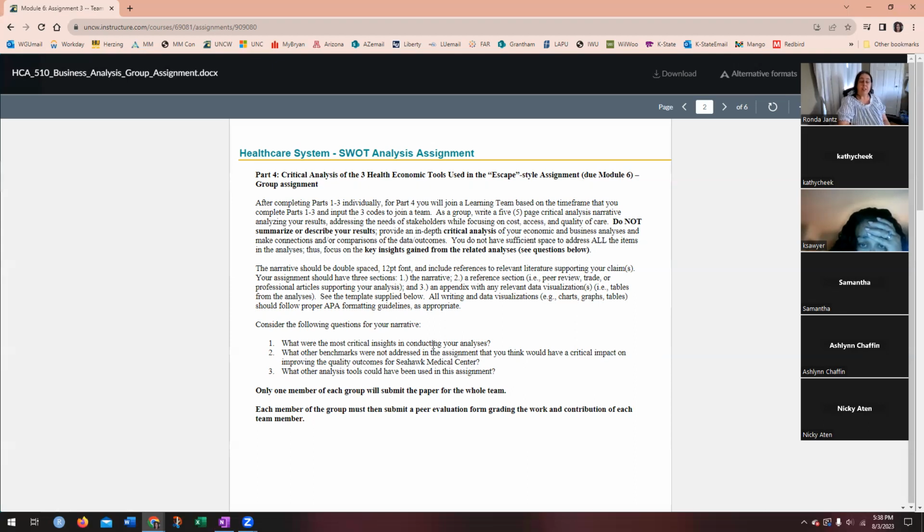You can look at these individually. You can first go through the CEA. Some students have looked at the importance of collecting data before you take on a project. So for instance, in the CEA, you measured hand washing prior to doing a project to increase hand washing. And a critical insight could be that if you hadn't done that, you would have no idea whether you'd improved or not.